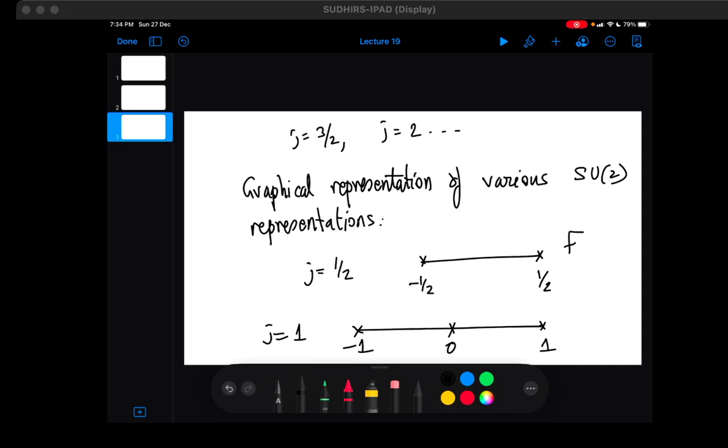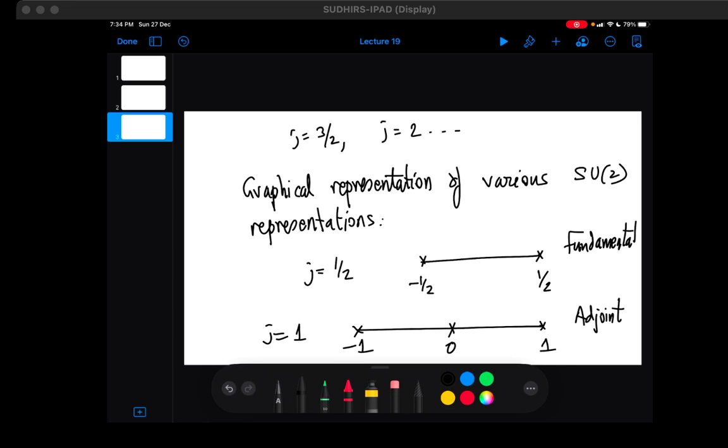This is the fundamental representation, this is the adjoint representation. If somebody tells you that they draw a straight line with minus half, plus half, that would be your fundamental representation of SU2. Similarly, the adjoint would have minus 1, 0, 1.